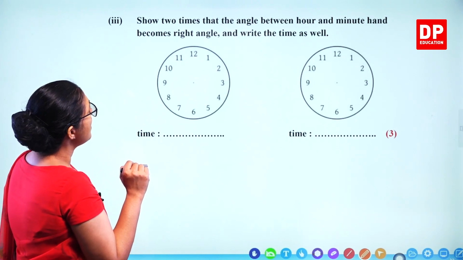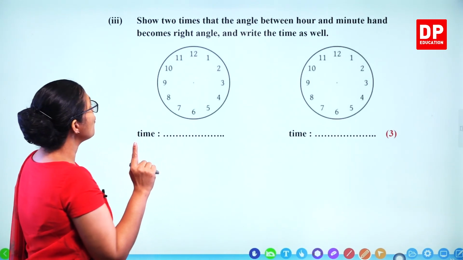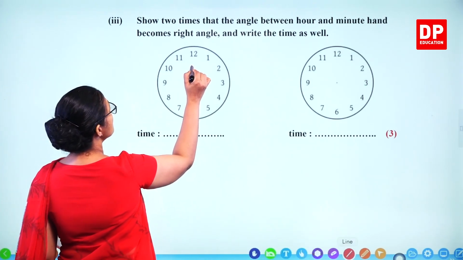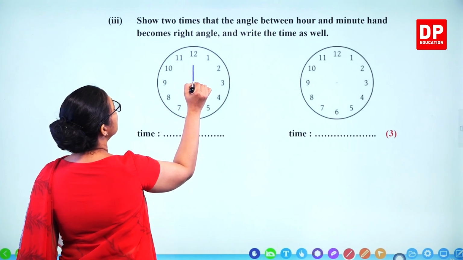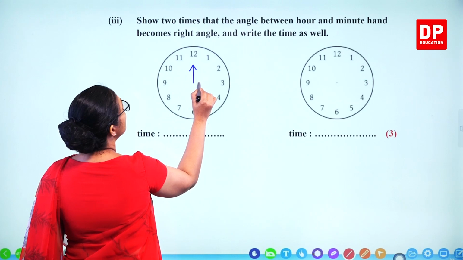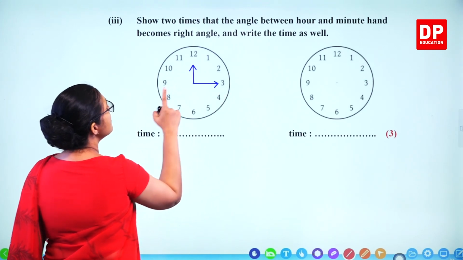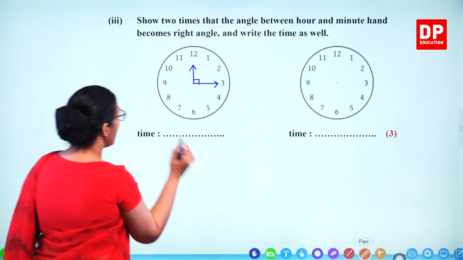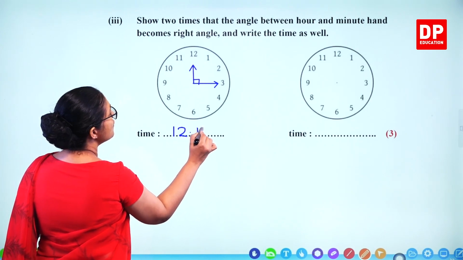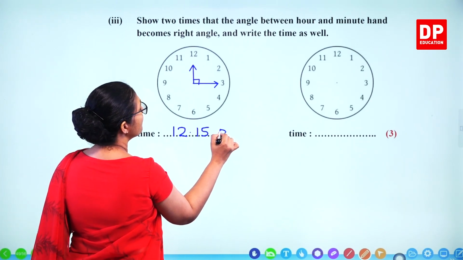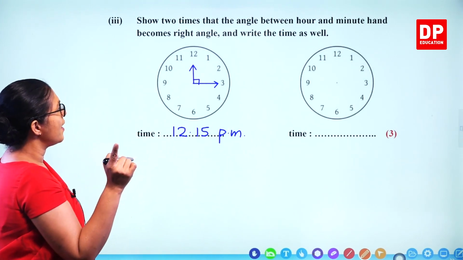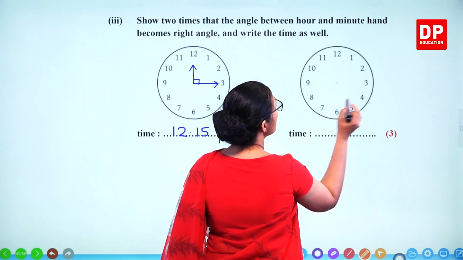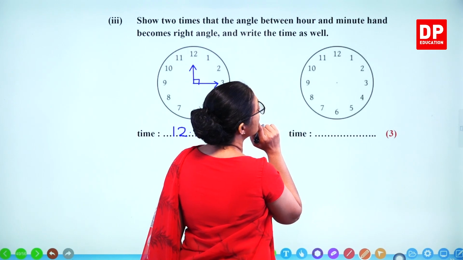Show 2 times that the angle between hour and minute hand becomes a right angle and write the time as well. Right angle means 90 degrees. So I'll take 12 and the minute hand at 3, which means 12:15. So this is 90 degrees. 12:15 PM, you can write. Then another one. 4 o'clock or something? No, 4 is not.